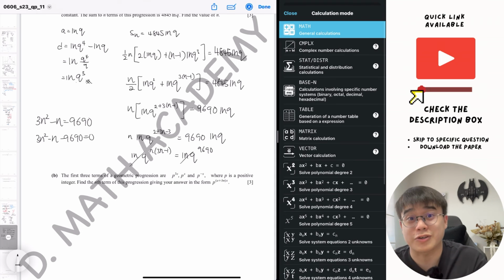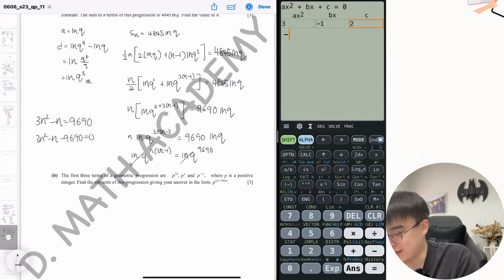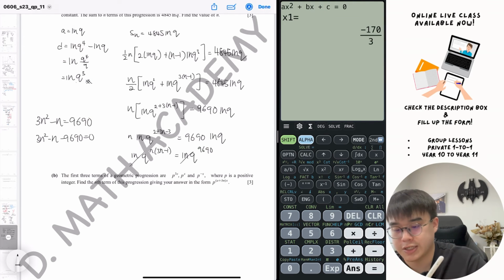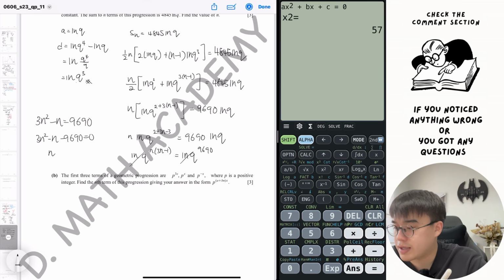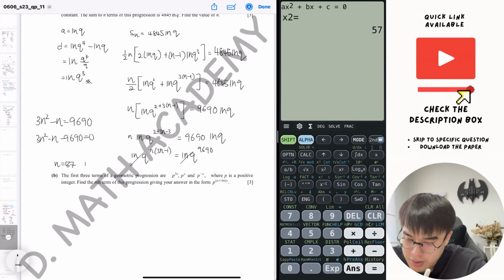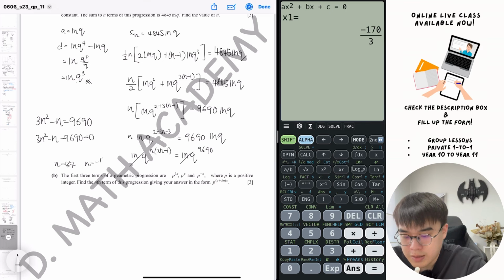Here will be a quadratic again. Okay, apparently this examiner here likes to test students on quadratic. So the n that I get was 2 of them. So n is actually 57, and n can also be negative 170 over 3.